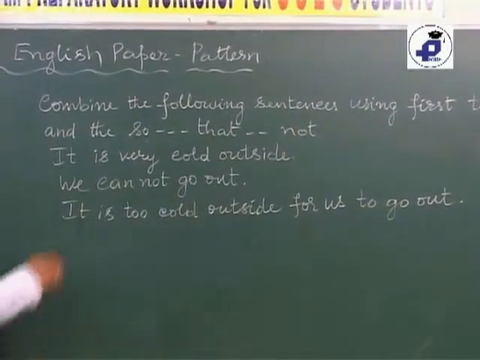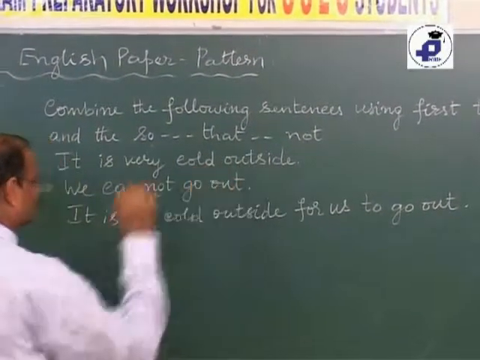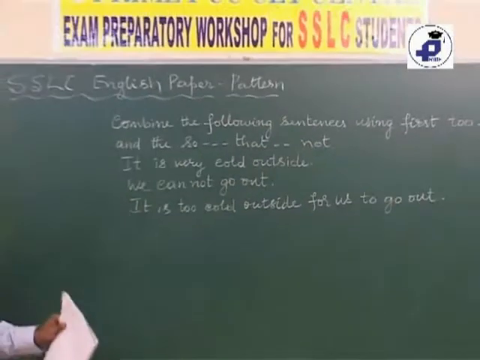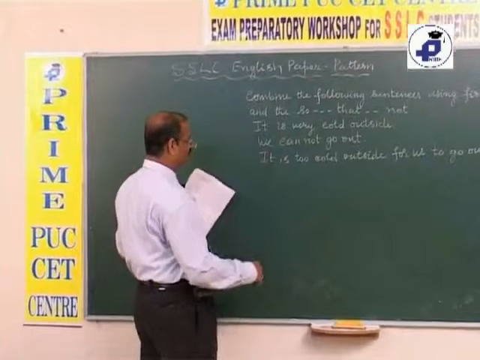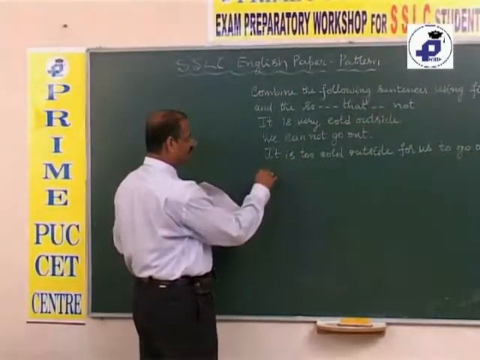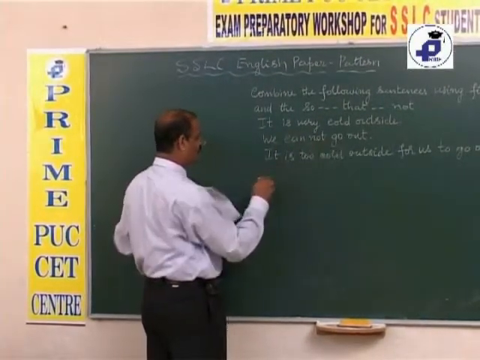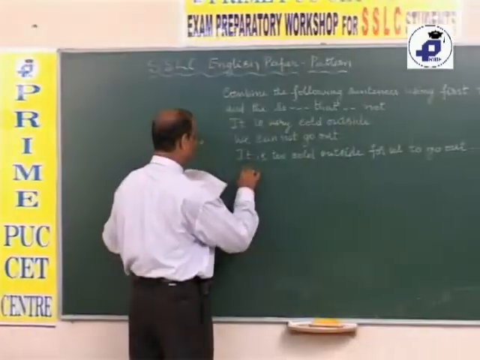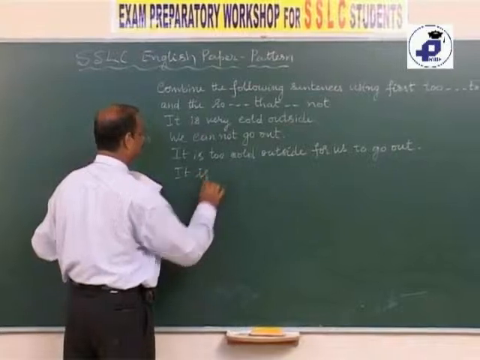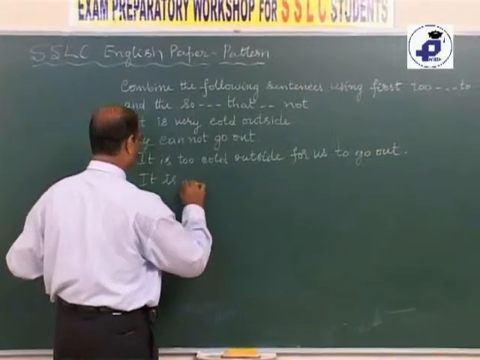Okay. Next, you have to combine the same two sentences using "so... that... not". So how can we combine these two sentences using "so that not"? It is so cold outside that we cannot go out.